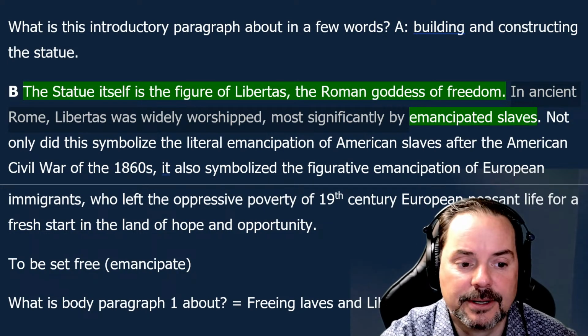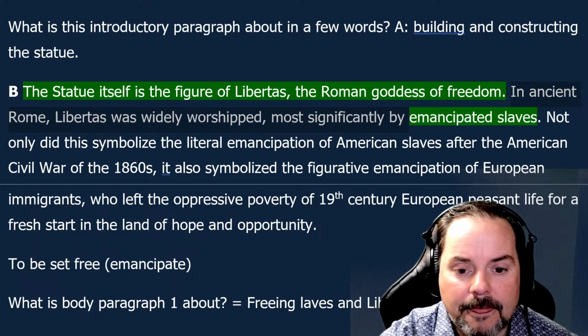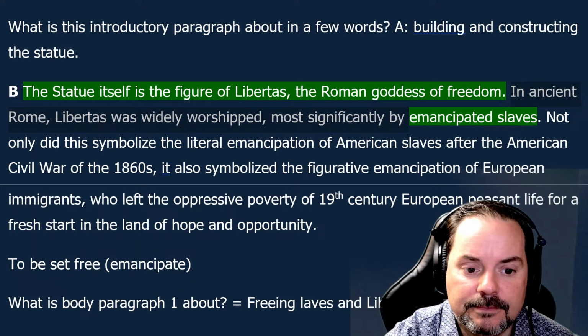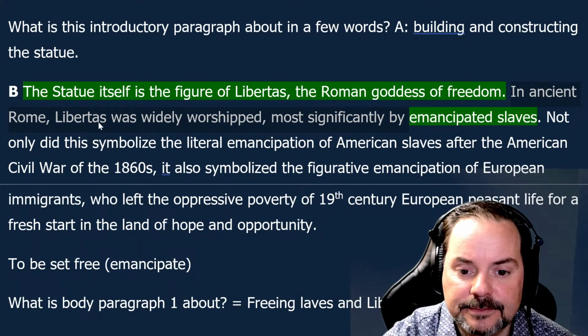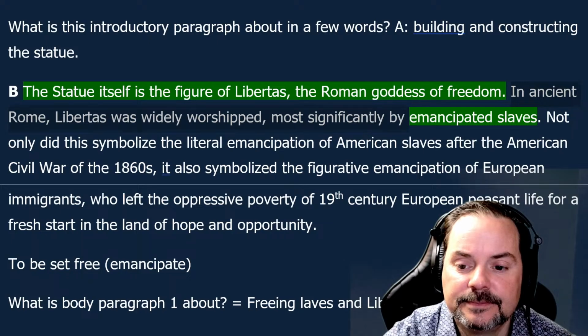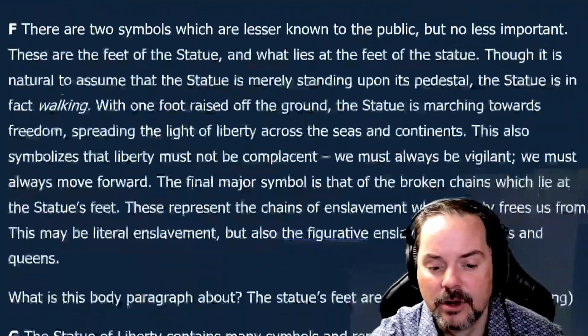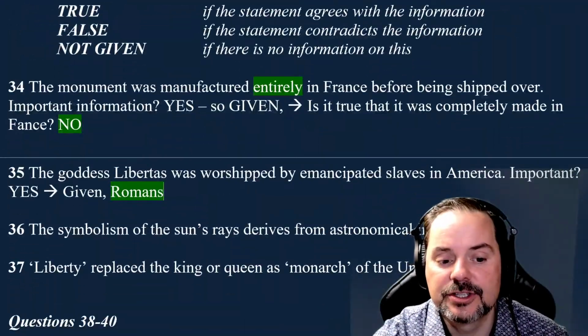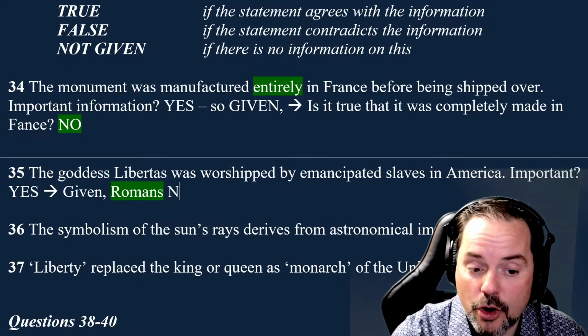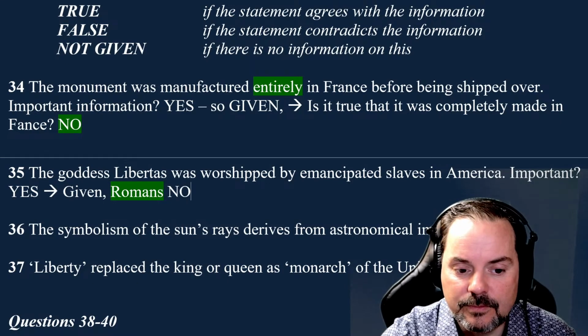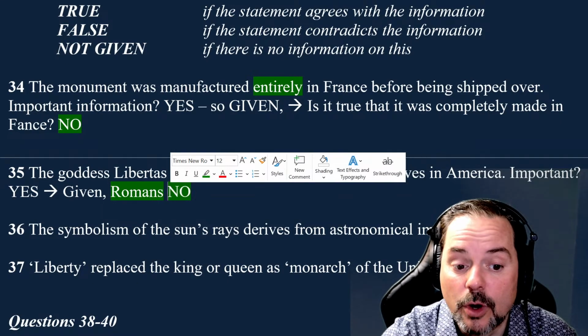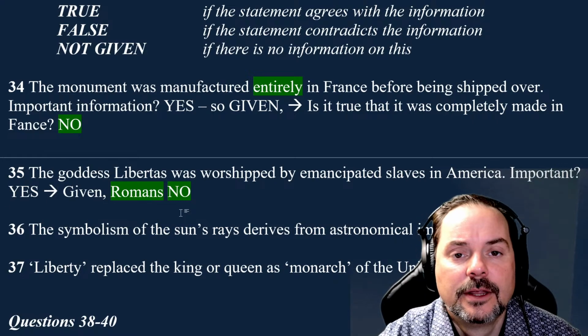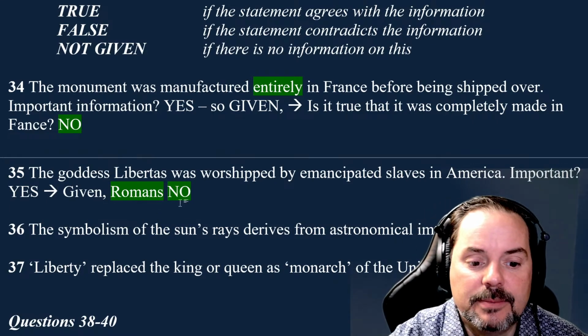Okay, and then keep reading. "In ancient Rome, Libertas was widely worshipped, most significantly by emancipated slaves." Okay, good. So here the answer clearly is no, right? So it was not the Americans, it was the Romans that worshipped Libertas, right?